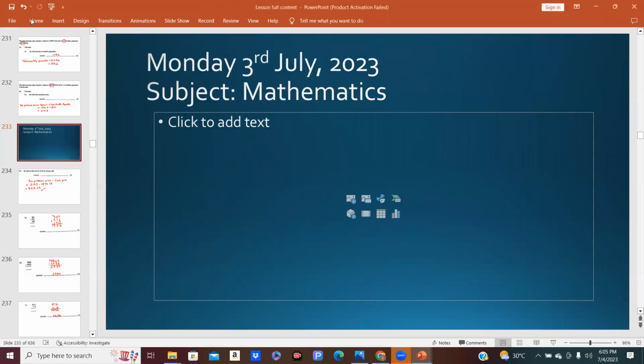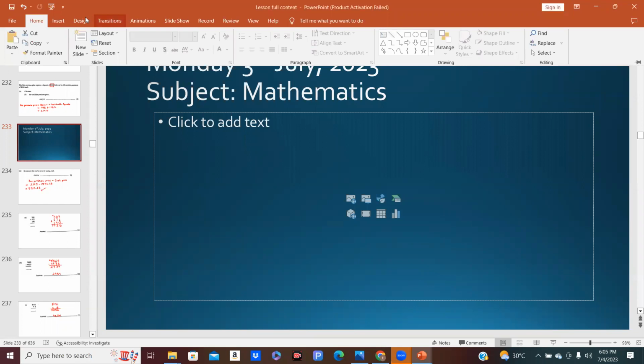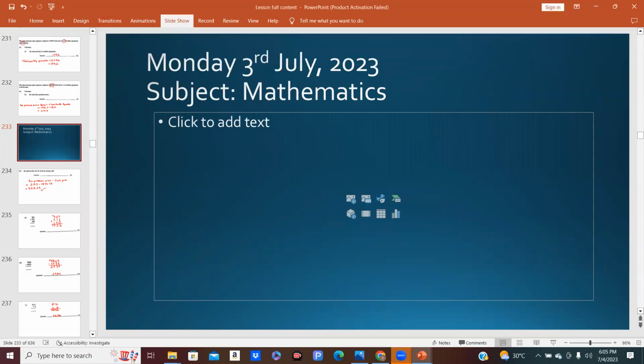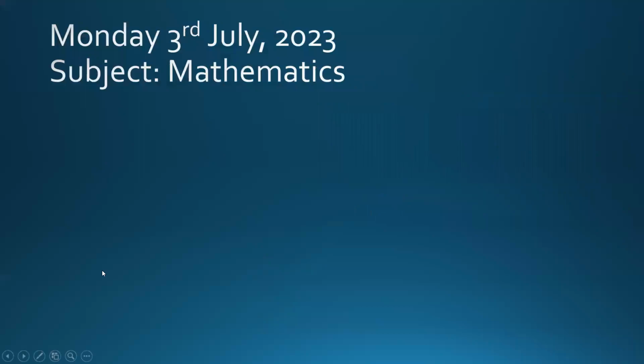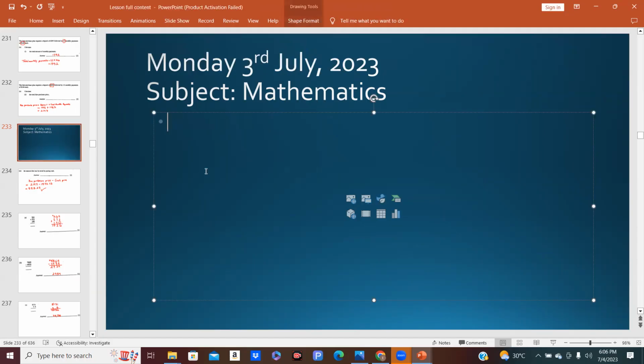Let's begin by looking at this question. So I'm going to look at example number 1. Maybe I should entitle it section number 1, and we're going to be looking at rules of indices.